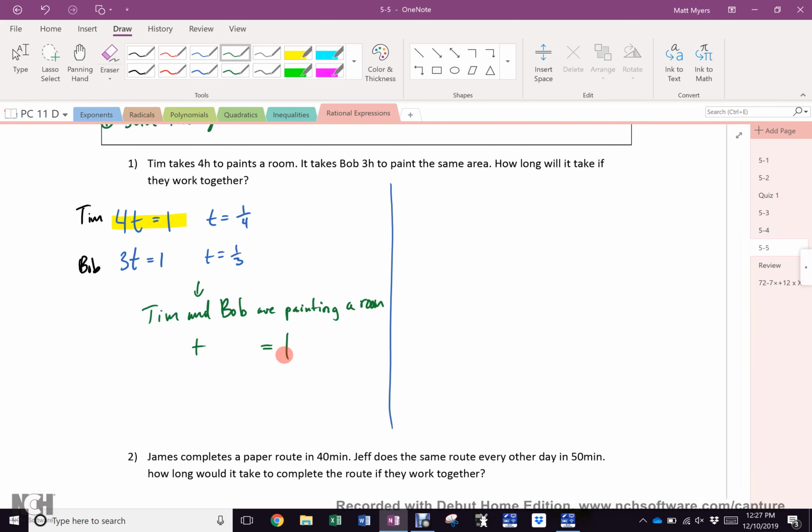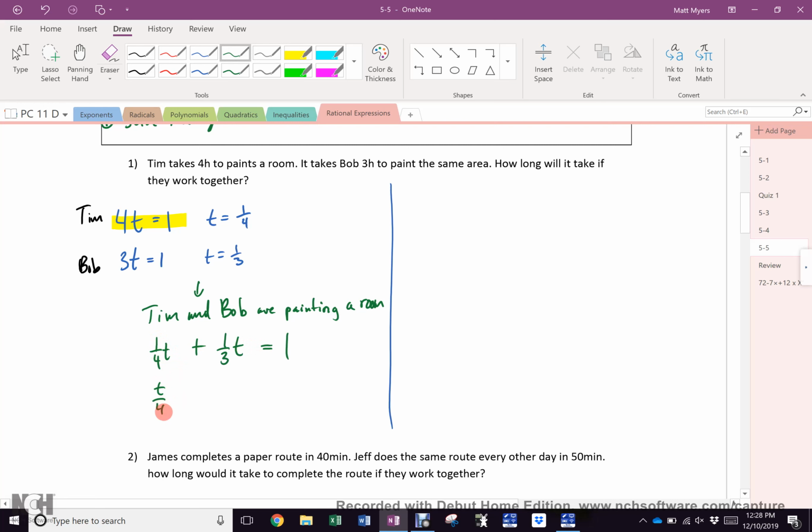What don't we know? Time, yeah? But we know that Tim will paint at 1/4 of the time he needs, yes? And what will Bob paint at? 1/3 of the time he needs, yes? Do I now have a rational equation? Can I now solve it? What's 1 times T over 4?